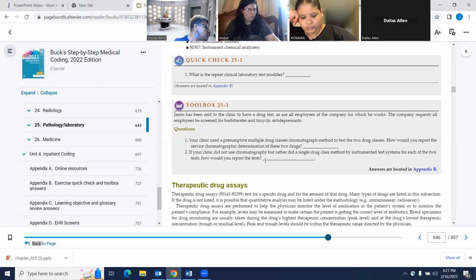And if the first one was 80307, what would the second one be? Read what the one before that would be. 80306. Right, and what does that say? By instrument assisted direct optical observation, includes sample validation when performed.